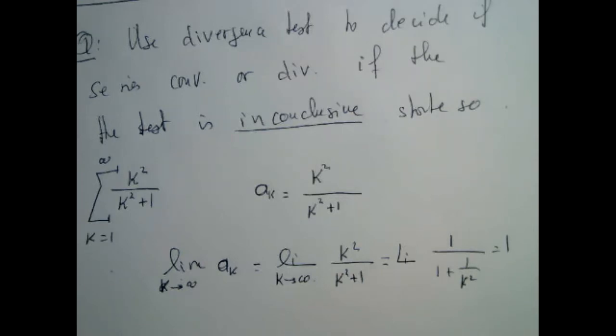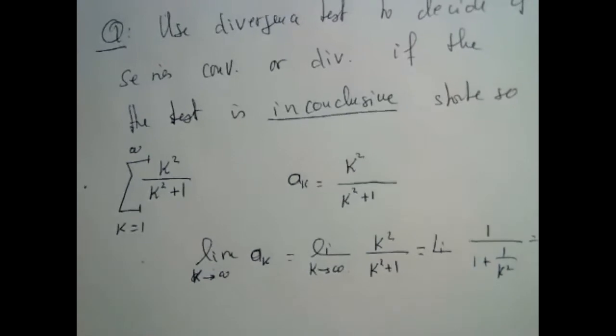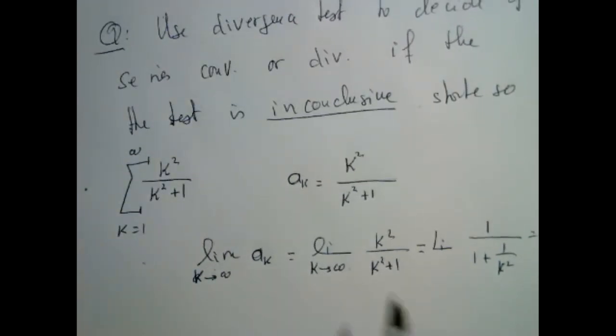Yes, but what are we interested in? When I ask if the series converges, what are we interested in? The sum of the a_k's, not the a_k's themselves, their sum. So the a_k converges to 1. But what I'm interested in is the sum of the a_k.